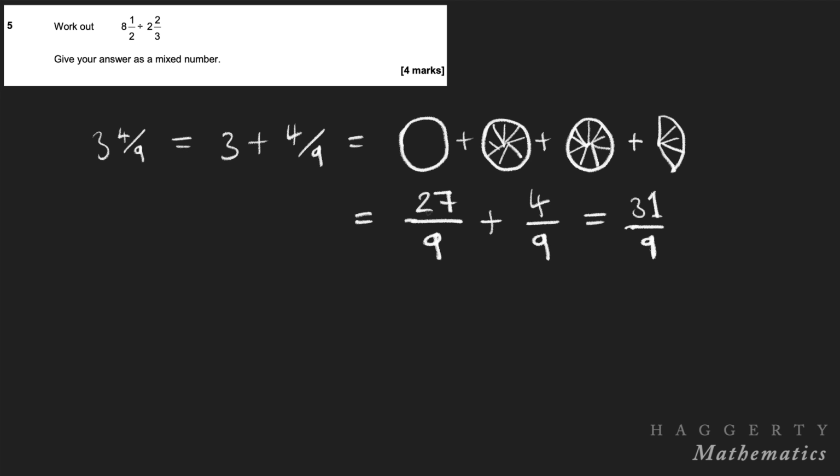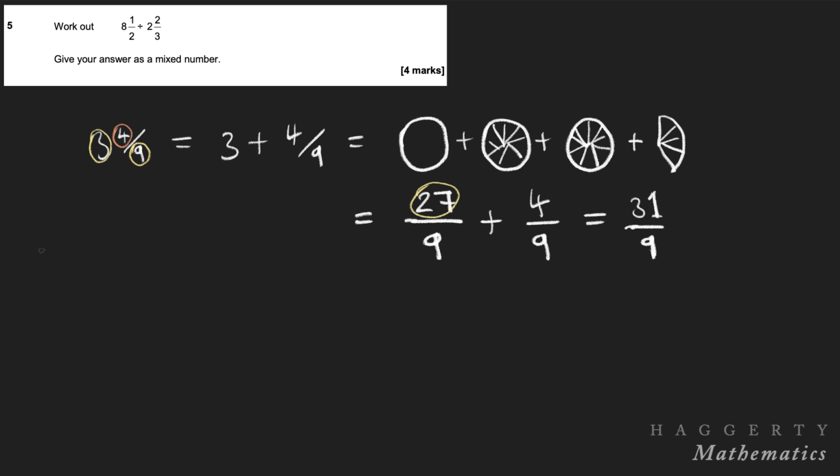Now, there is a quick way of doing it without drawing all the pictograms out, but I think this way is probably the best way of first learning it. It gives you a really good intuition as to where things are coming from. But if you want to do this quickly, say if you have some larger numbers, here's generally what you do. You take the 9 and multiply it by the 3, and that gives you the 27, so that's how many ninths there are in 3 wholes, and then you add on the 4.